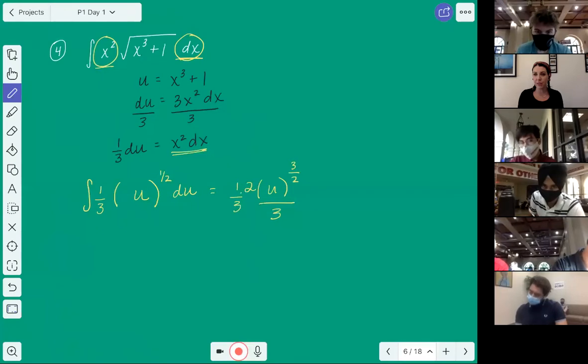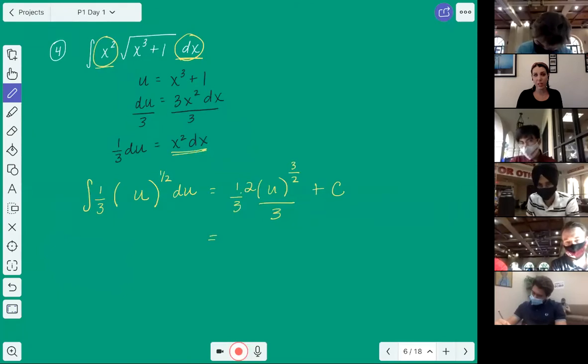So you shouldn't have a fraction over another fraction here. You should have it over 3, and then the 2 comes up. Instead of making another fraction bar, just bring that 2 up to the top. Then I still need a plus c here. There are lots of ways to simplify this final answer. I've got a 2 as a constant out in front. I'm dividing by 3 and I'm multiplying by 1/3. That gives me the constant out in front now.